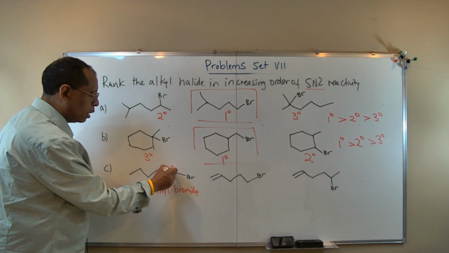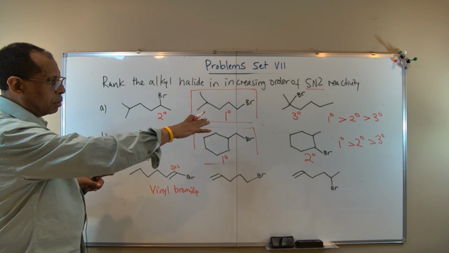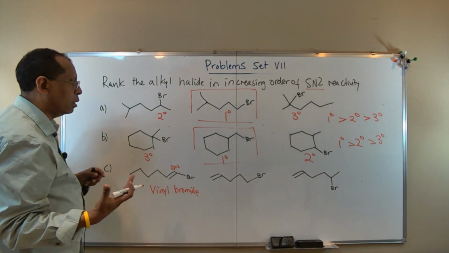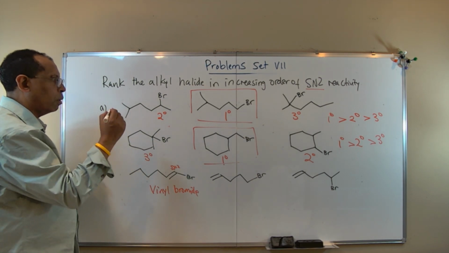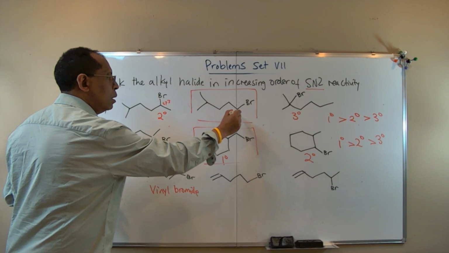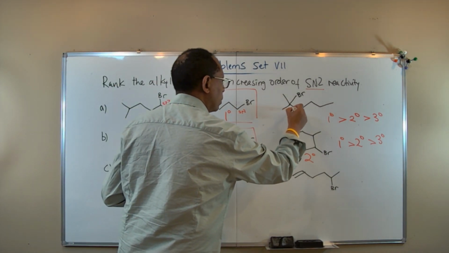So this is sp2 carbon. Remember, all of those primary, secondary, tertiary were on sp3 hybridized carbons. So this is sp3 sigma sp3.